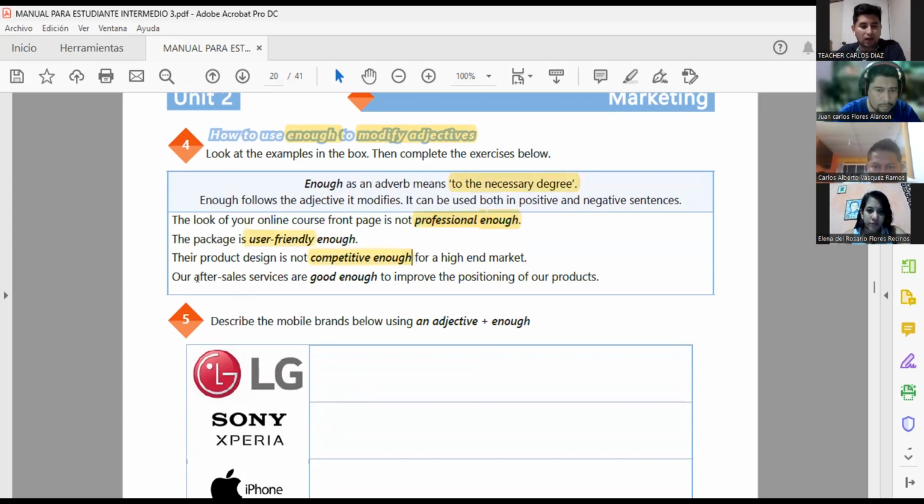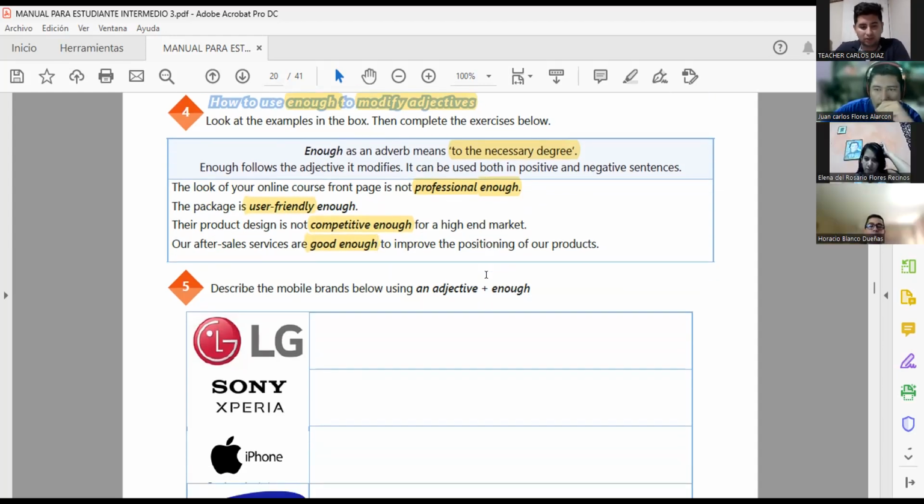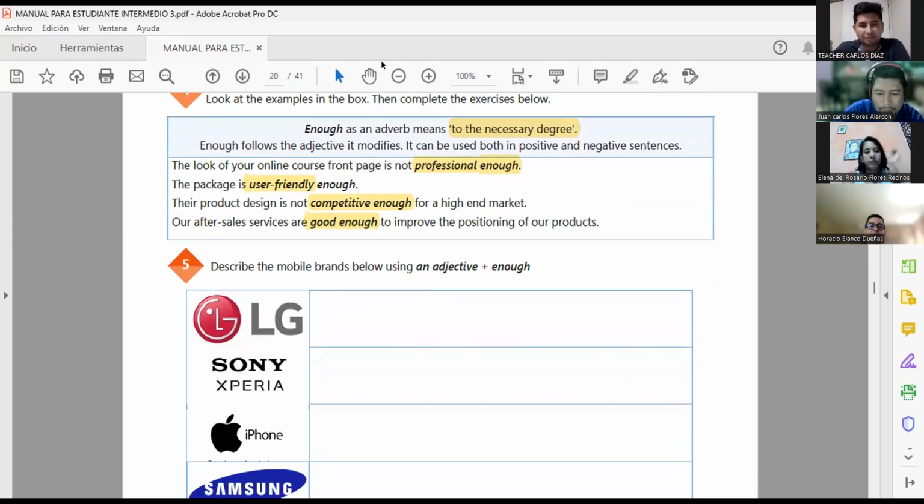Another one. Our after-sale services are, what is it? Good enough to improve the positioning of our market. Okay, do you understand this?